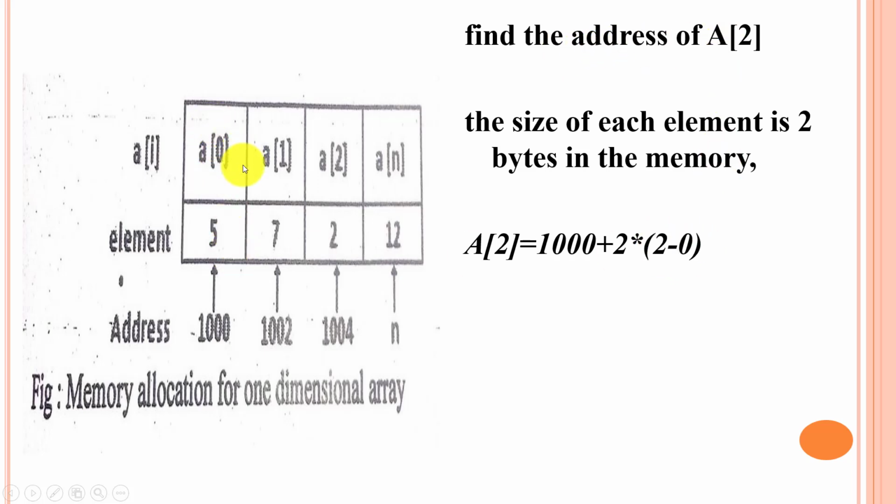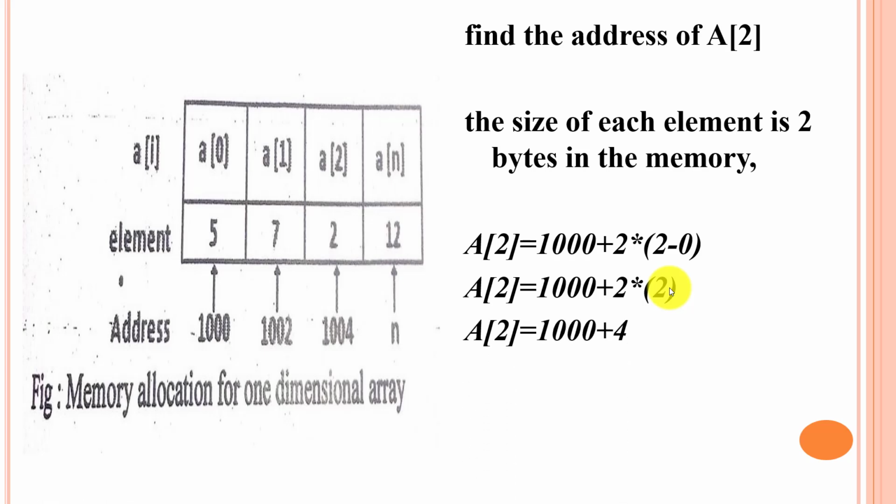The 0 is where the indexing started. So this is 1000 plus 2 into 2, that is 4, and we get 1004. So the address of A of 2 is memory address 1004.